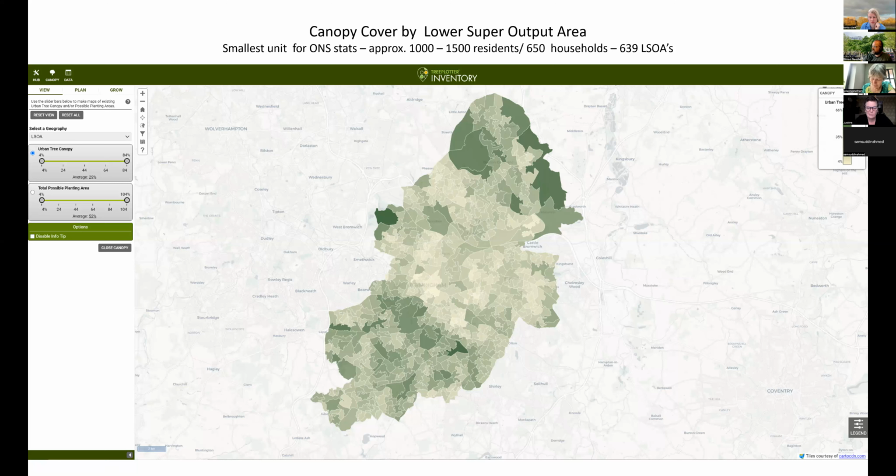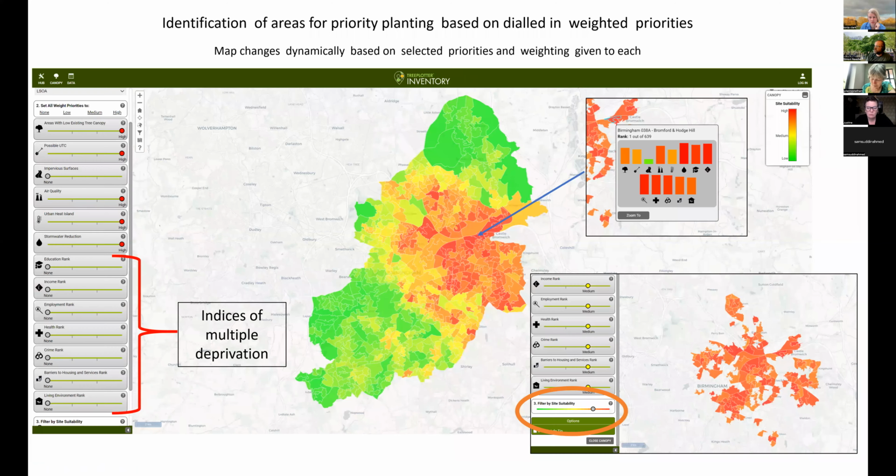So we've taken those data sets and overlaid them, and this is the sort of map that we're getting now. I think we have shown this before. This is taking that map and those data sets on areas of existing tree canopy, impervious surface, air quality, urban heat island, stormwater reduction, and also the indices of multiple deprivation, to give this map. Depending on the priority that we give to any of these factors, the map changes colour slightly.